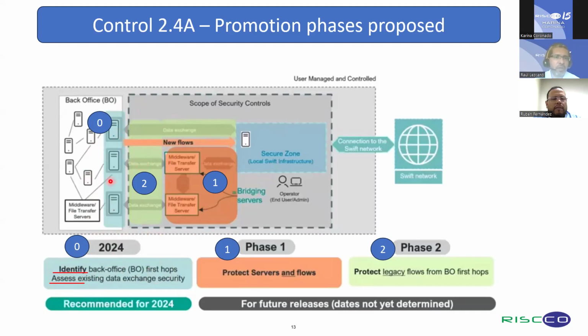back office flows of data between back office and the local secure zone, and to assess what the security of these is, to give room and space for the next year to implement the controls, what they call protect service and the flows.